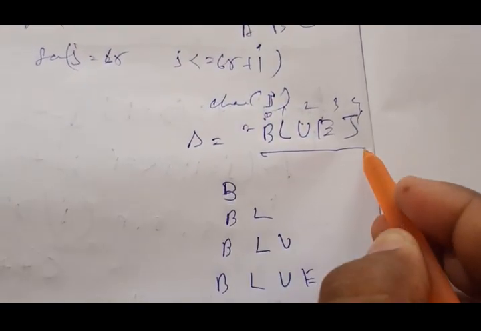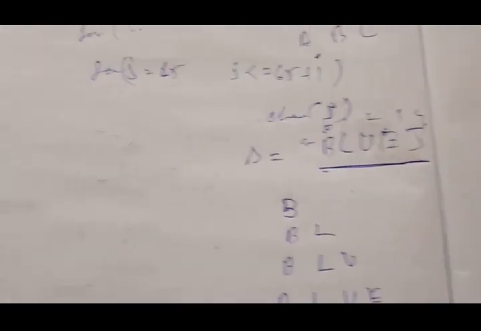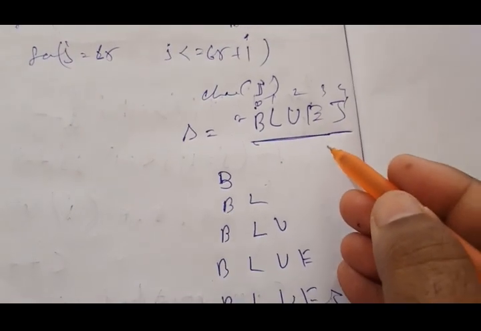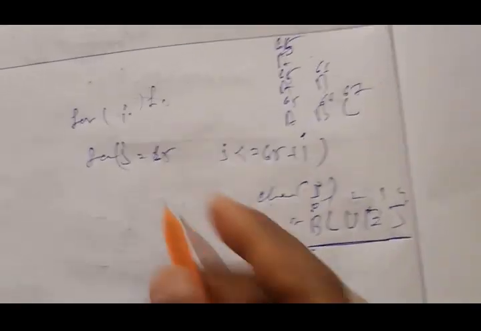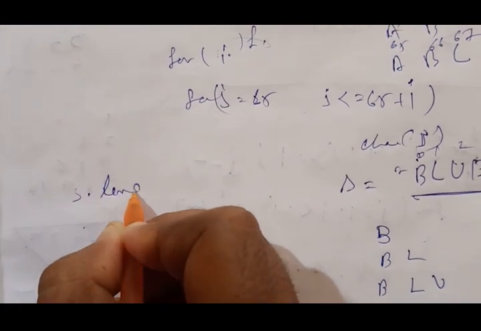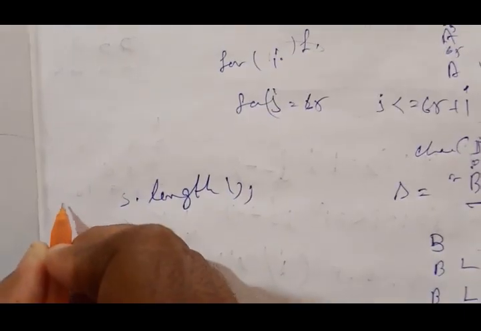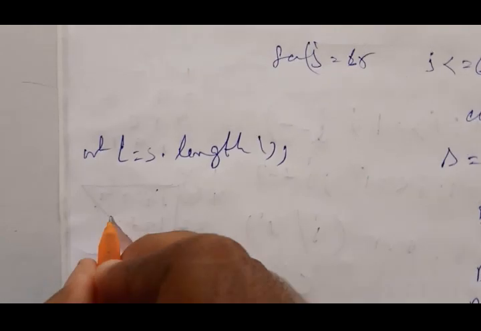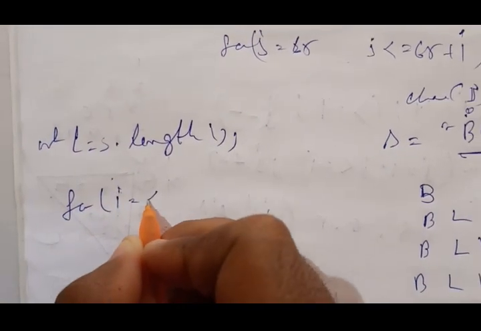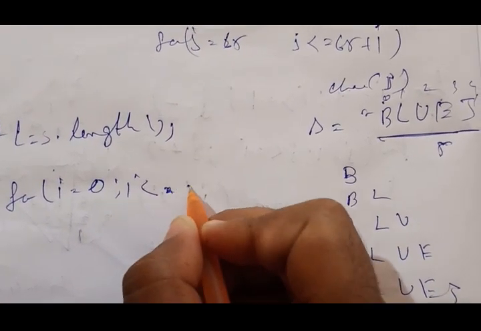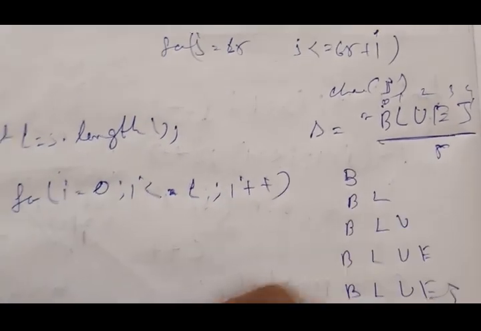That's why I'm telling you to read the predefined String methods, which find the length of this variable. Suppose you store it in the int variable l is equal to S.length(), and you get the value 5. So the for loop starts from i is equal to 0, i less than l, i plus plus.